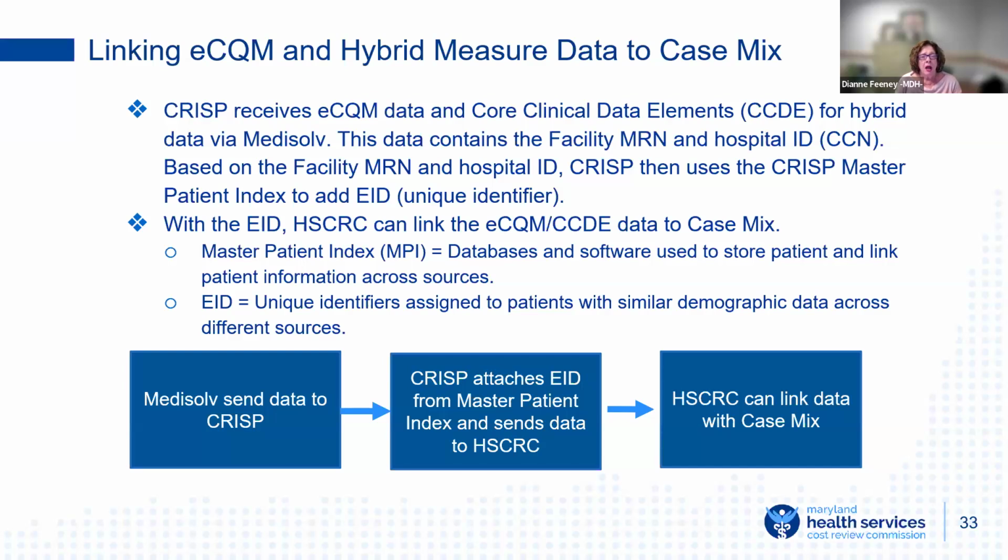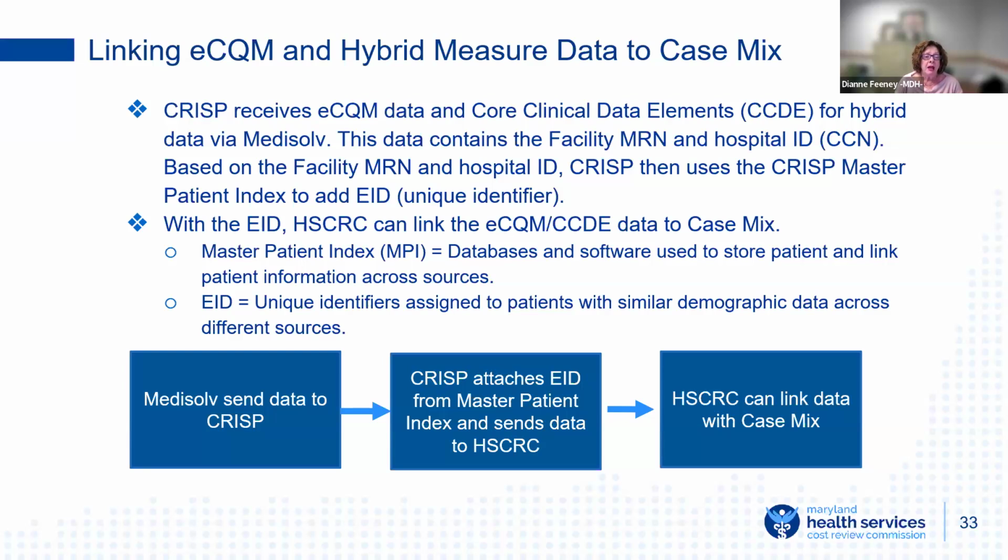We have our MHCC sister agency, and they report important quality data to the public. This data, the opioid use eCQM, for instance, will go in the summer of this year on the Maryland MHCC public reporting website.